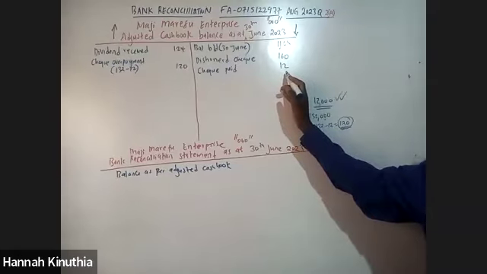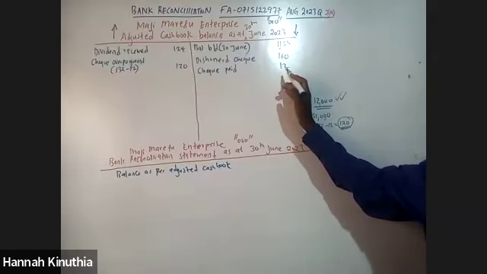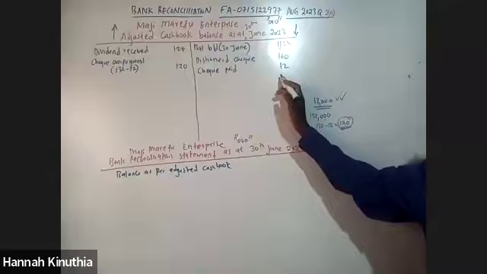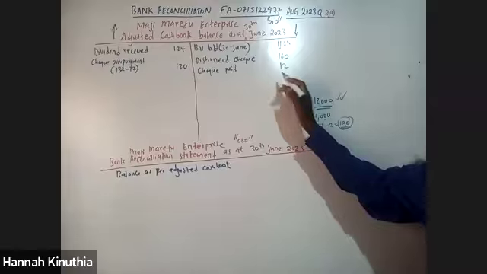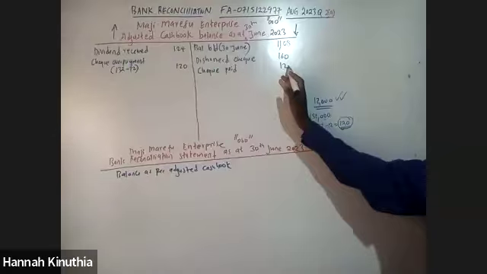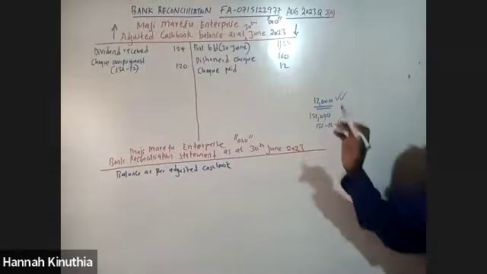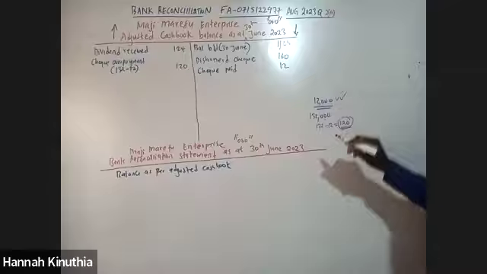Shouldn't we put it there? 120 or here, on the debit or credit side? On the credit side. Okay, so we have agreed up to there, we are okay, right? Okay, and then we have this one.